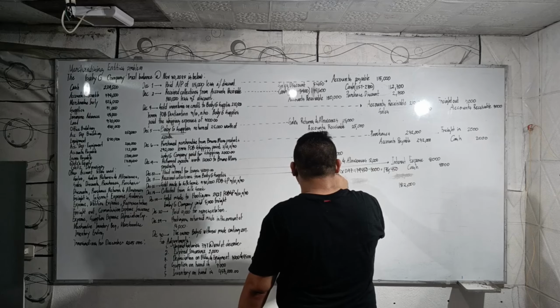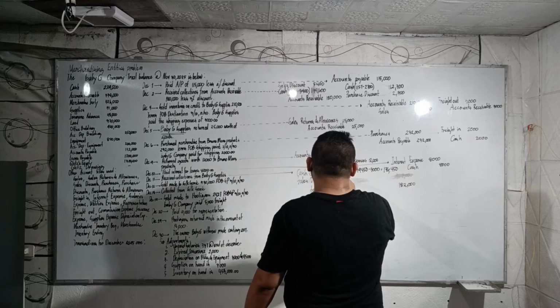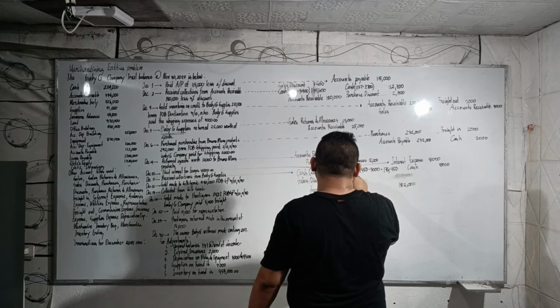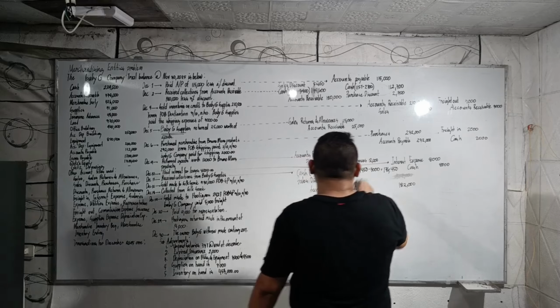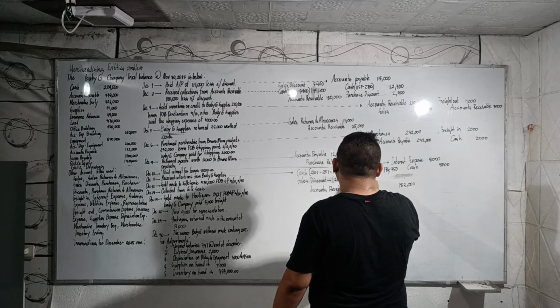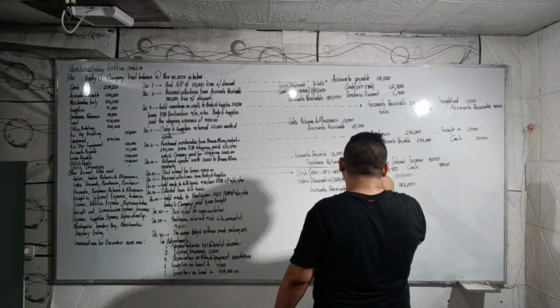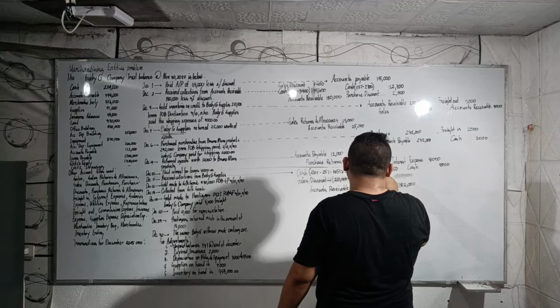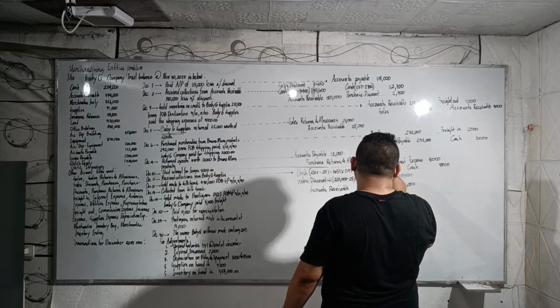Again, how do we compute the sales discount? So the sales discount is actually, supposedly, the original that we have sold is 210. But then, they returned the 25,000, so 185,000 times 0.03.